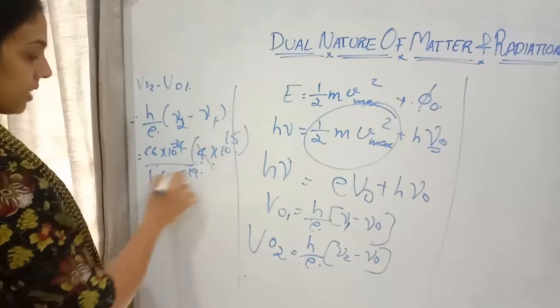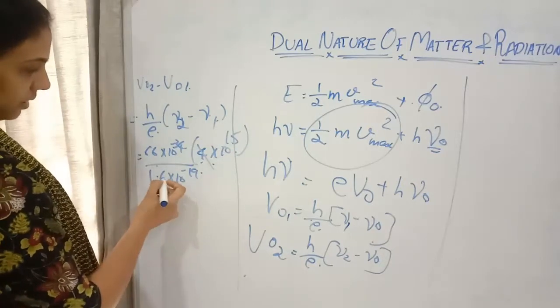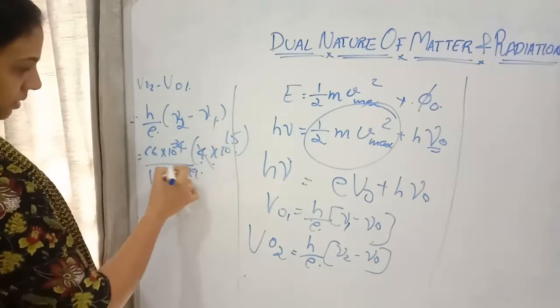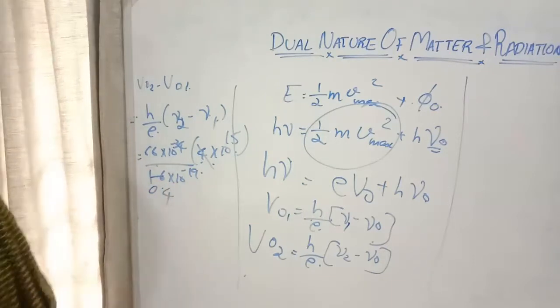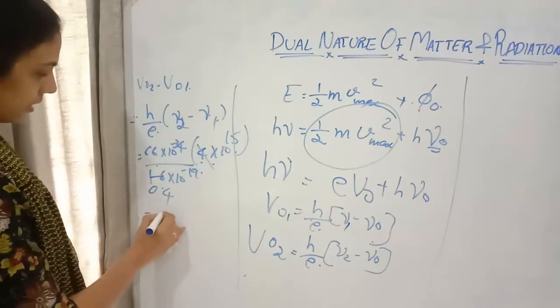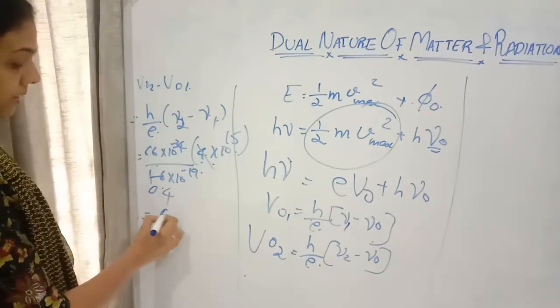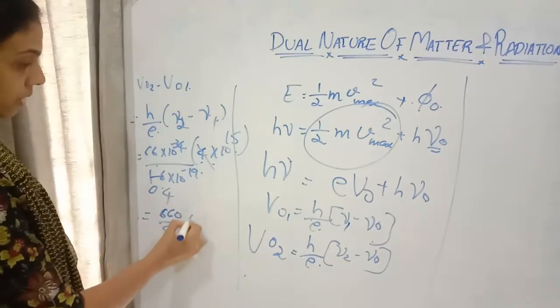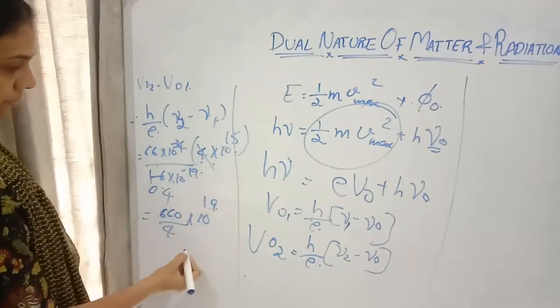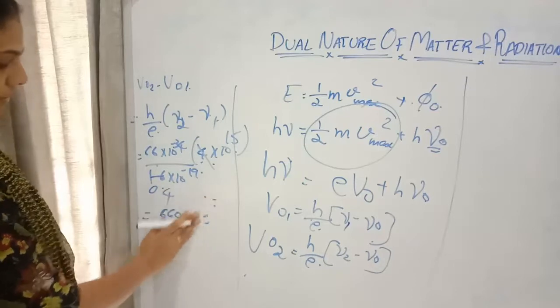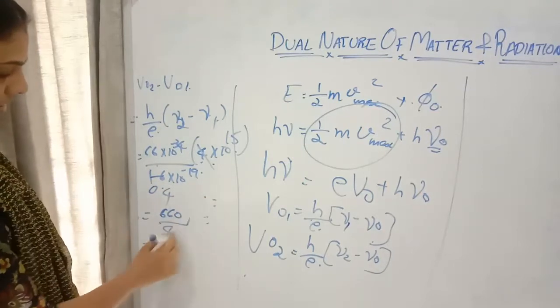So 660 divided by 4, into 10 to the power, minus 19 will get cancelled.